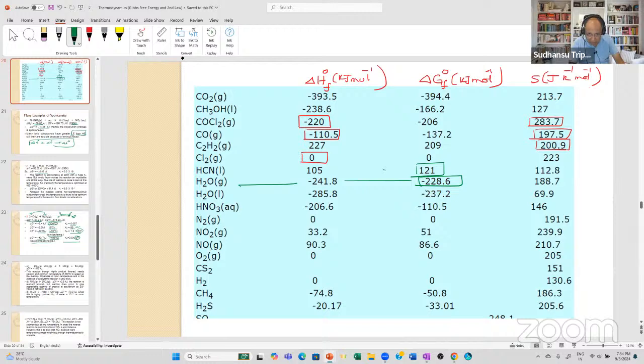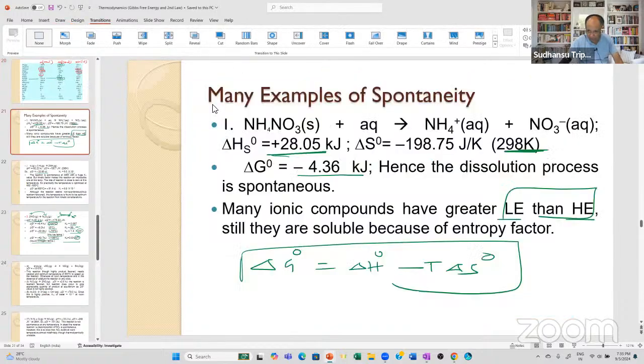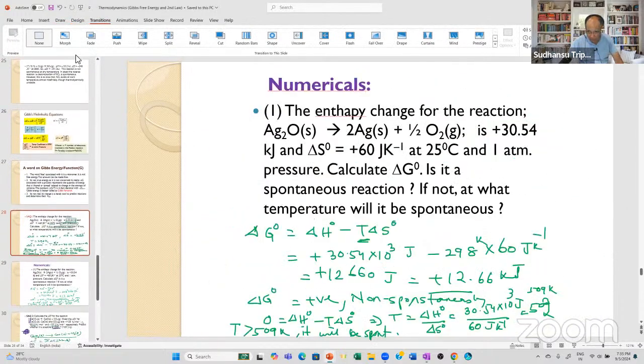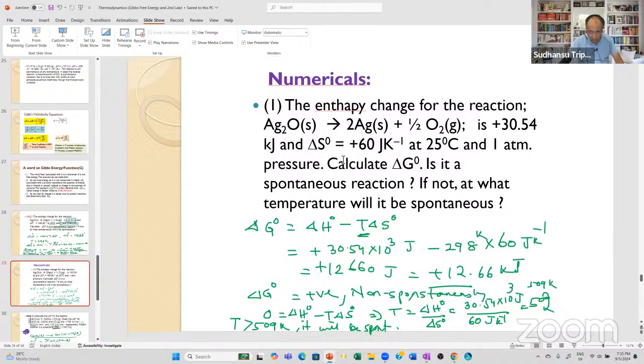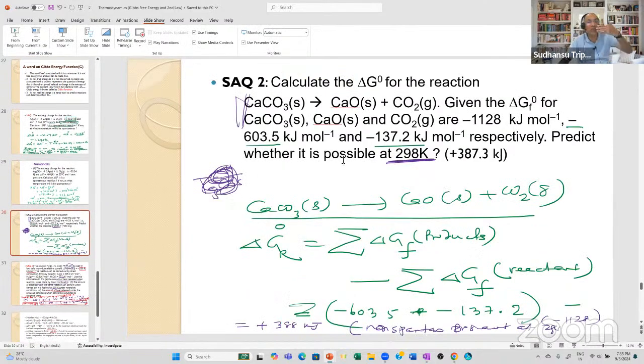And carbon dioxide is how much? Minus 394.4, okay. We will not be sweeping any topic. I don't just tell you the concepts and go. We have to apply them.